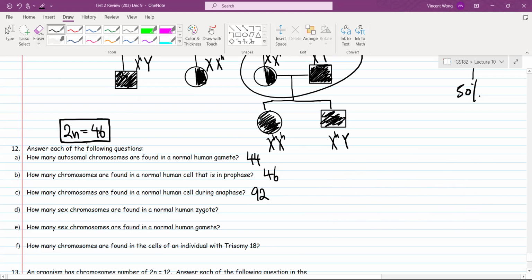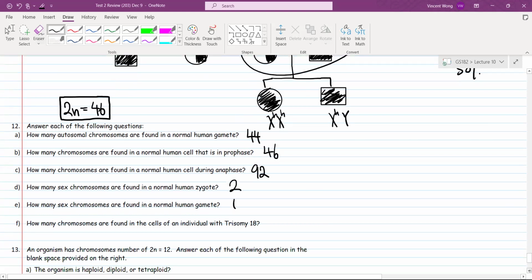How many sex chromosomes are found in a normal human zygote? Zygote is what you get after sperm fertilizes the egg. So 2 sex chromosomes. How many sex chromosomes are found in normal human gametes? 1.